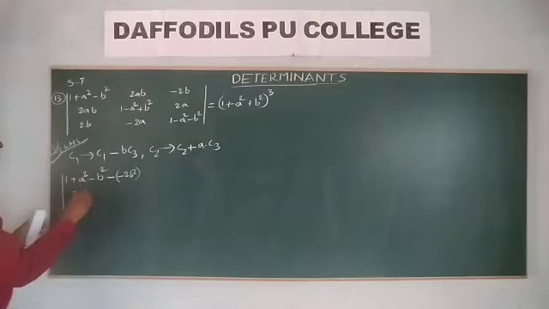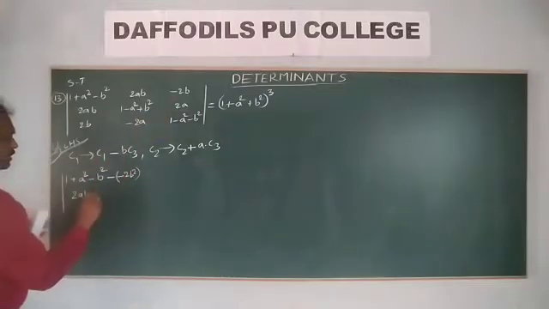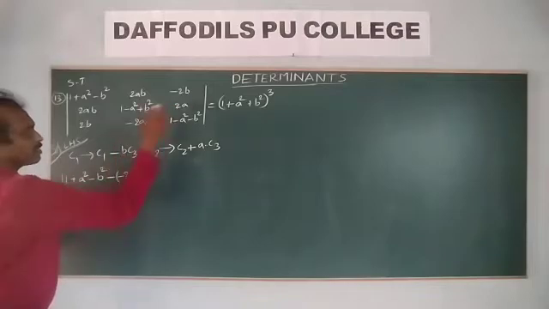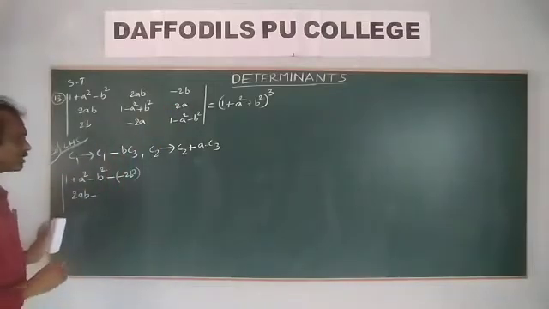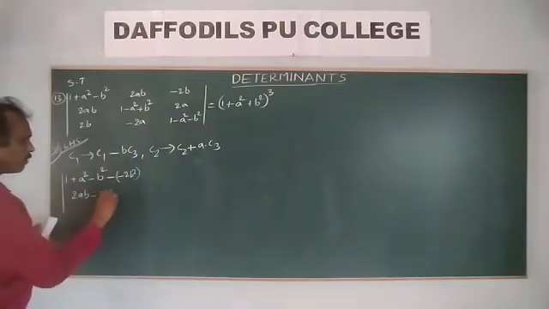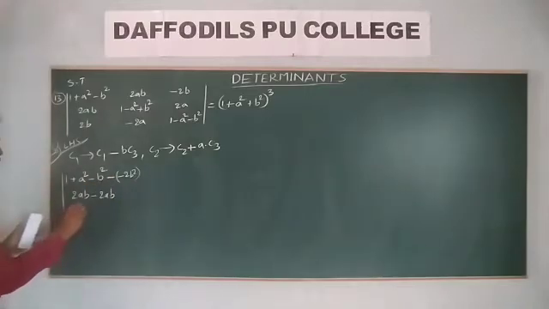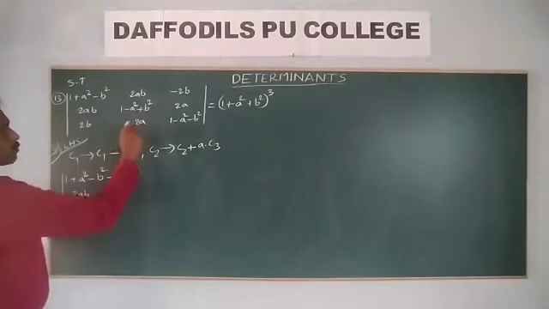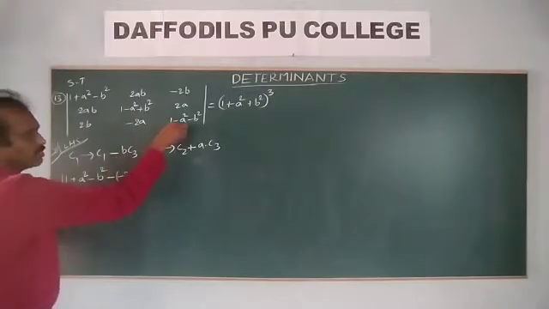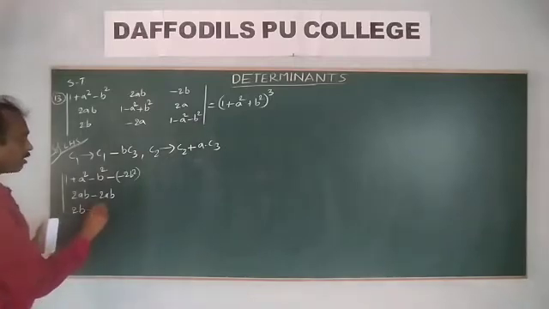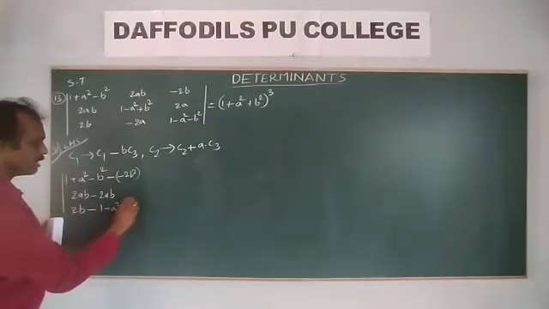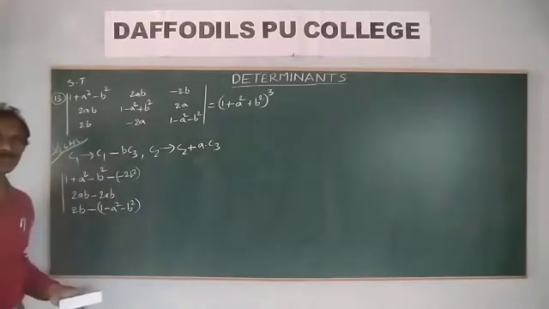Next, 2ab minus 2a into b multiplied with the third column element, minus 2ab. Next, 2b minus b multiplied with all C3 elements, b of 1 minus a square minus b square.